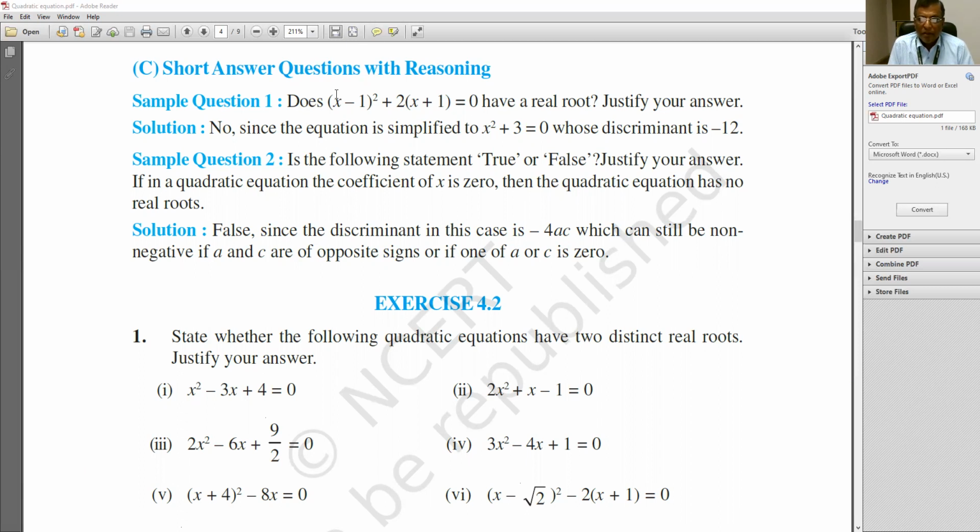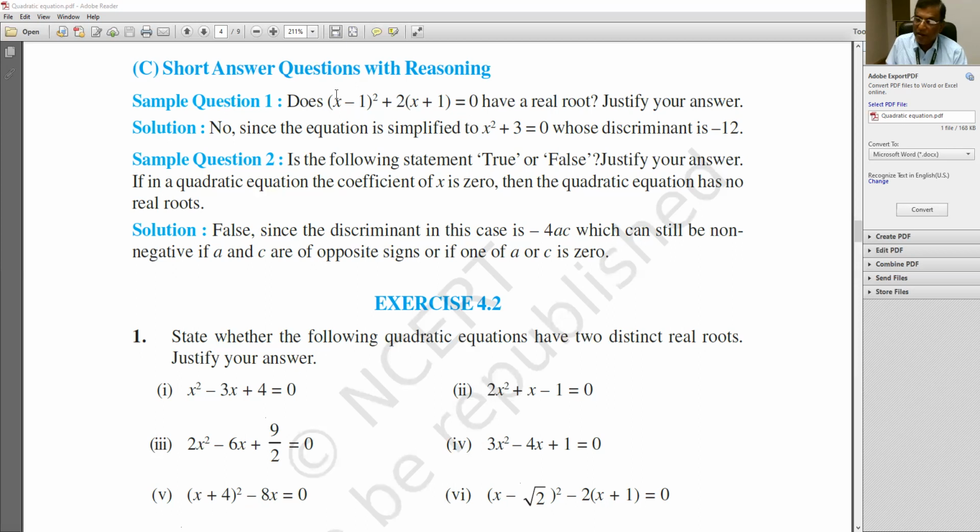And here this question is asking you that does this equation have a real root? For that you have to find the discriminant, and the discriminant, you know how it is found. Recall please.